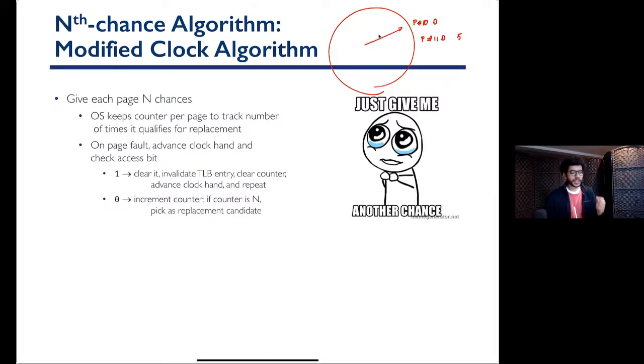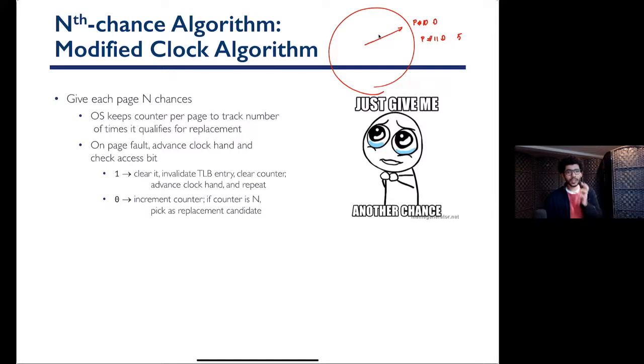Now, that's why we said that in the clock algorithm, if you want to set the access bit to 0, you have to also remove the translation that was cached in the TLB. Because as long as the translation is cached in the TLB, hardware is not going to come to the page table to set the access bit again to 1.